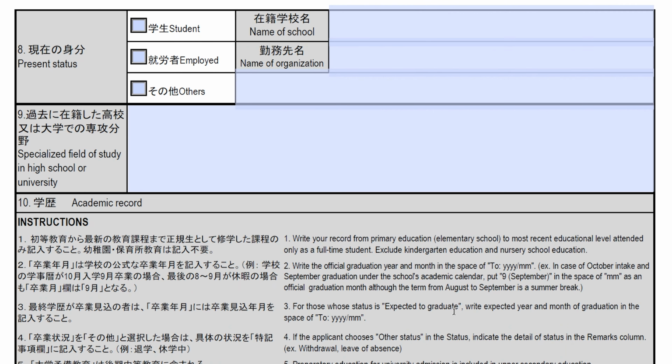Okay, so now that we have talked about that, this is the most important part. You should be able to fill out your present status as a student or employed, or even anything else that you are doing at the moment. So if you're a student, you will tick student. If you are employed, you go as employed. Or if you have any other status, then you need to fill out what your current status is.